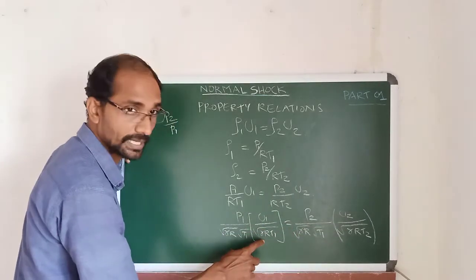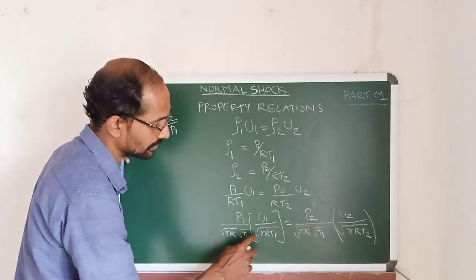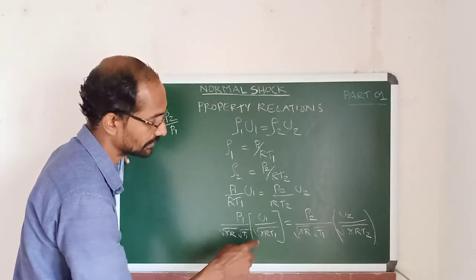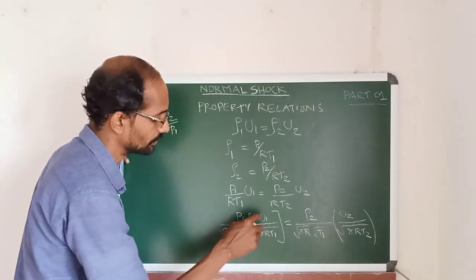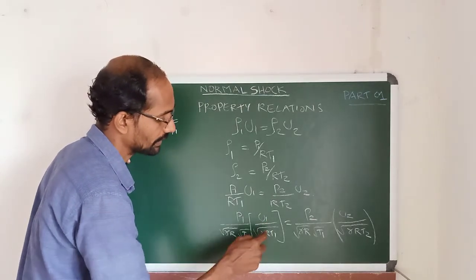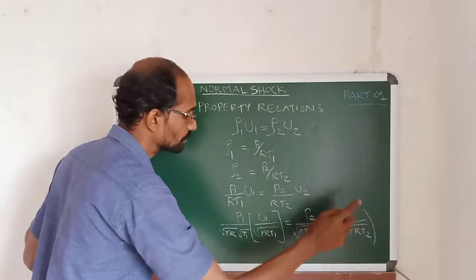This is nothing but the Mach number at 1, because root gamma R T1 is equal to a1, the speed of sound at 1. So u1 by a1 is the Mach number at 1. Like that, this is M2, the Mach number corresponding to state 2.